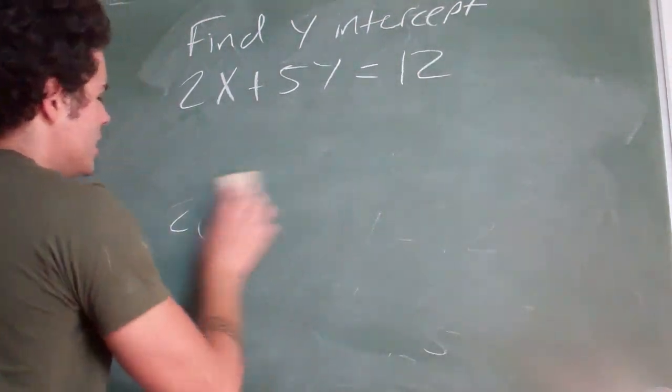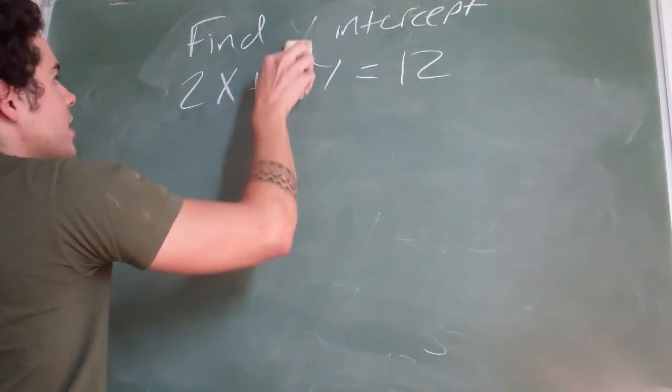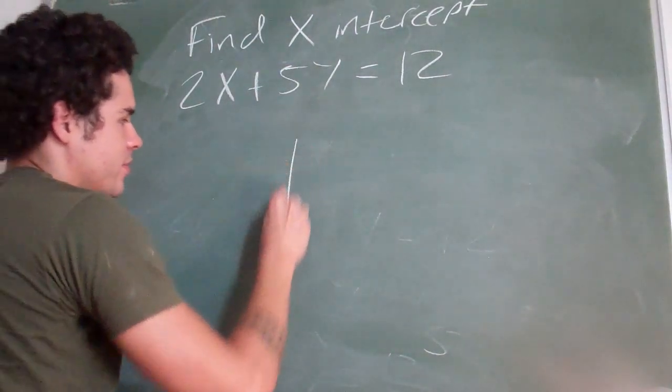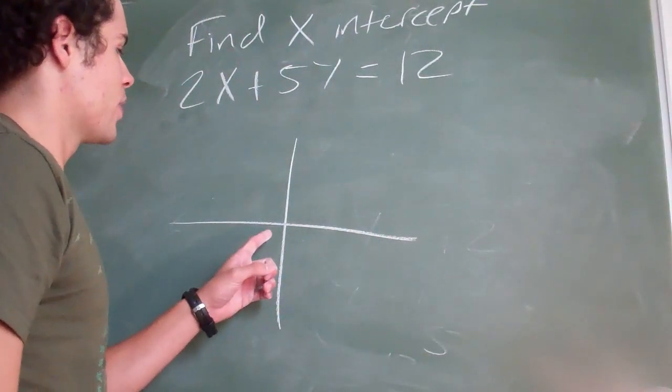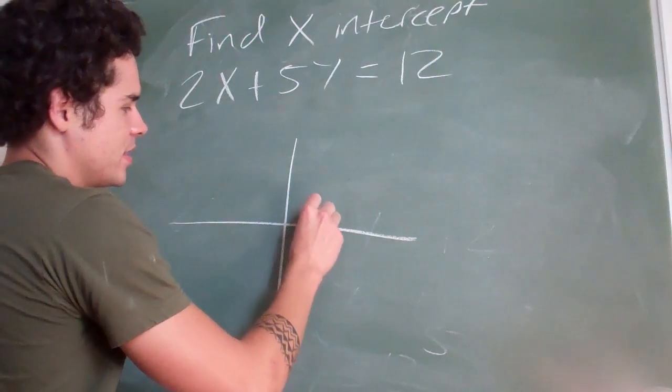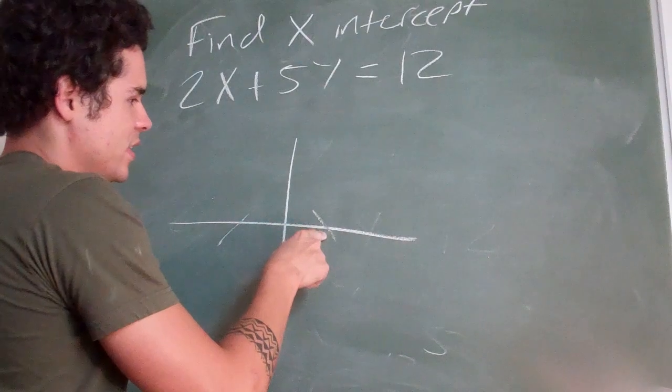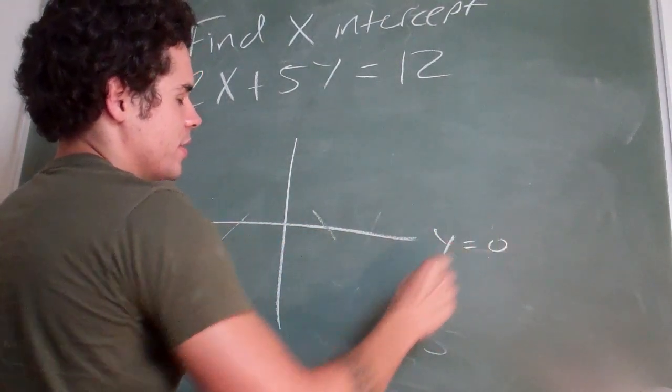Now let's say we want to find the x-intercept. Not a problem. On our graph, if we're going to try to find an x-intercept, that means that a line's going to pass through somewhere along the x-axis. So at this point, y is equal to 0.